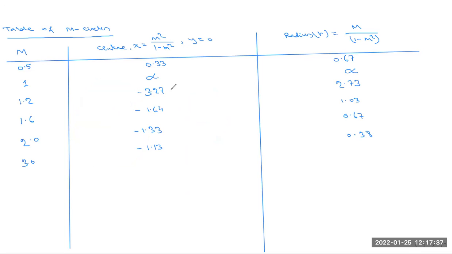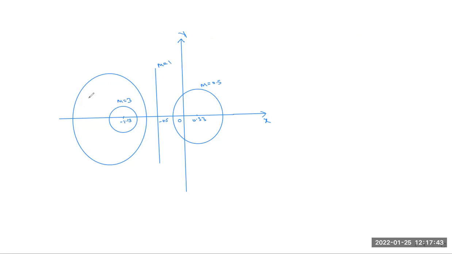This table is called the M circles. Is it clear? This figure name is M circle. Is it clear, all of you? Yes, sir. Okay.